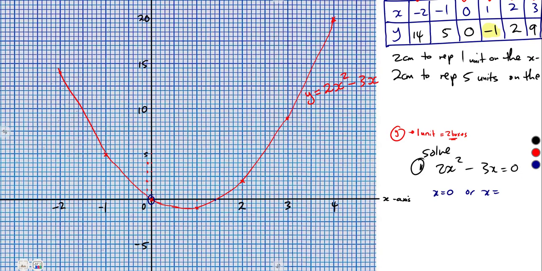This is 1 and this is 1.5. So in between 1, it's going to be 1.1, 1.2, 1.3, 1.4, somewhere like 1.4, maybe it's 1.45 in between.